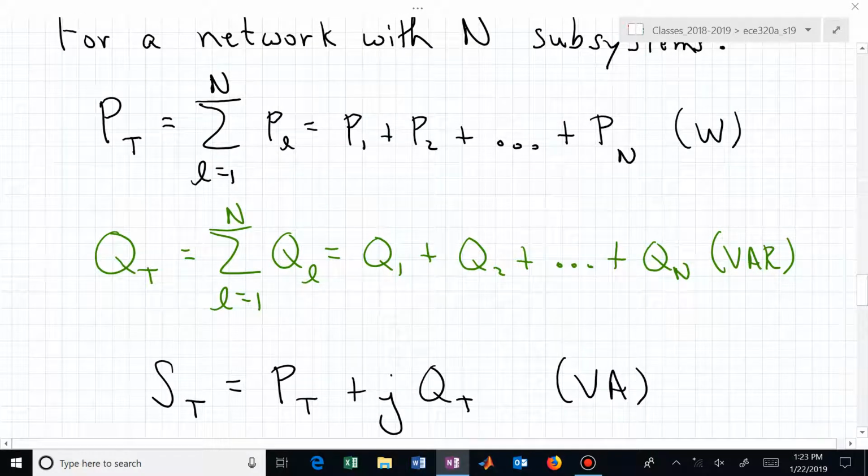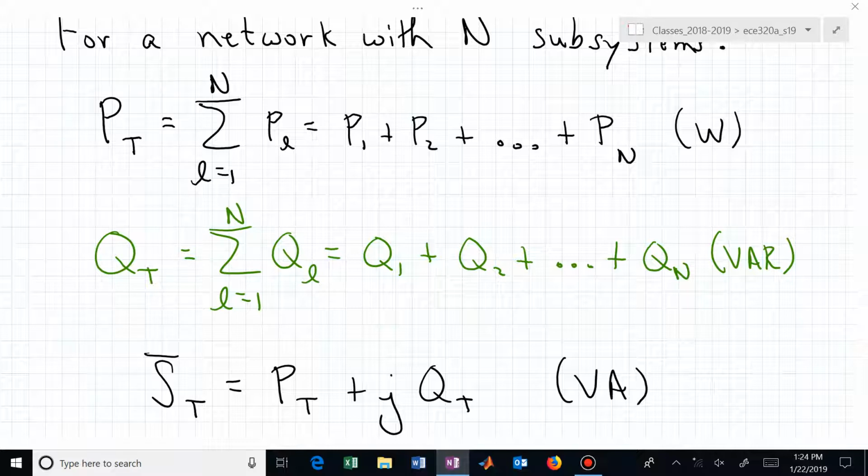Now that we've found the total real power and the total reactive power, the total complex power, S sub capital T, and now I've remembered to put the bar above it because it is a complex quantity, we simply orthogonally combine the real power P sub T plus J Q sub T, and that's now the total complex power associated with that more involved network.